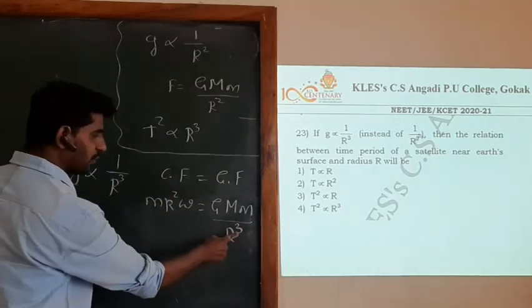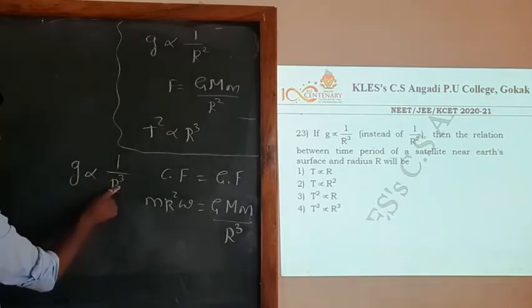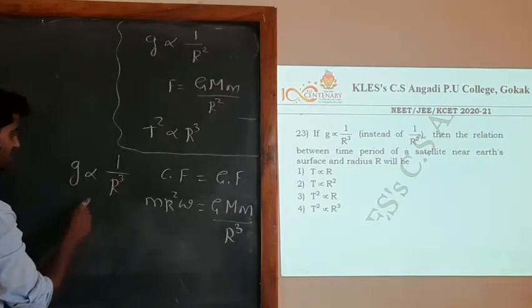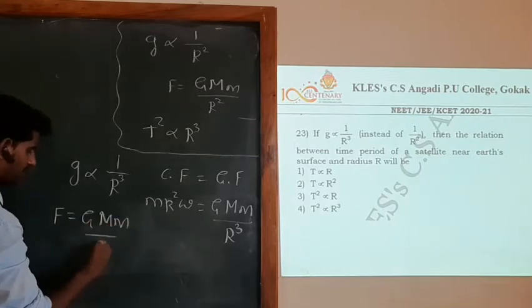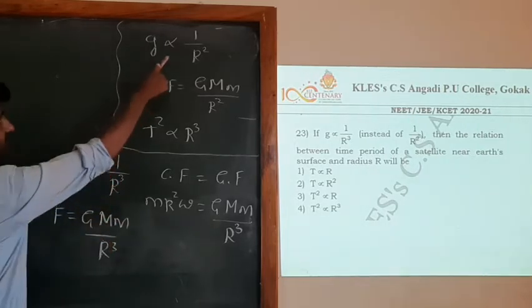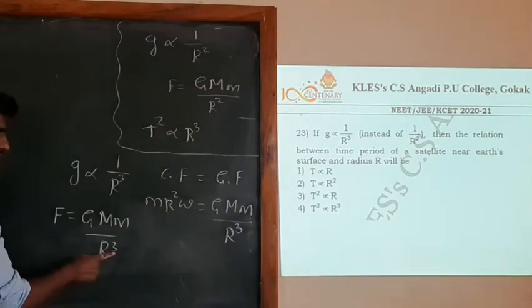Why am I taking this as a cube? Because I am assuming g is inversely proportional to the cube of that radius. If so, here the gravitational force will be GMm divided by r cube. If it is r square, here it is also r square. If it is r cube, here it's r cube.